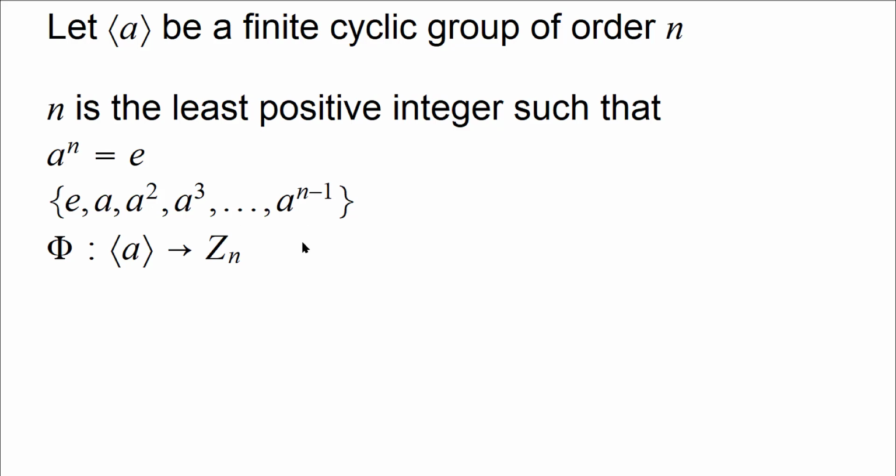That is, we take phi of a to the r, and Z_n can be thought to have elements 0, 1, 2, up to n minus 1 when we reduce everything modulo n.